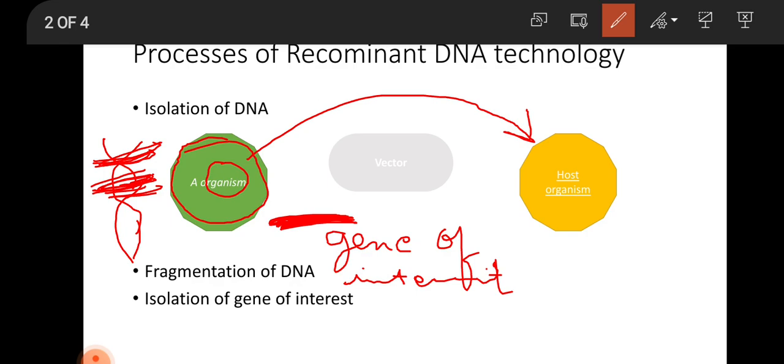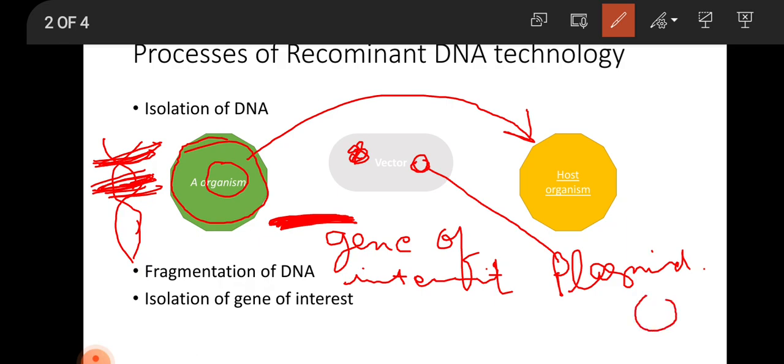Here is a vector, and bacteria have their own genome as well as circular DNA, and this circular DNA is known as the plasmid. Suppose this is the plasmid, now we will use this gene of interest with it.